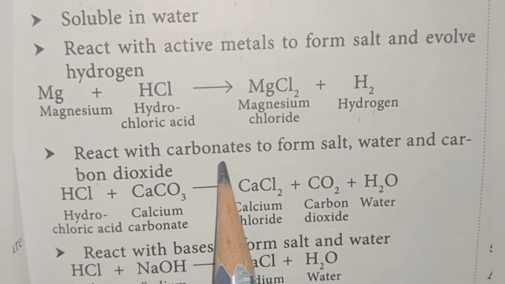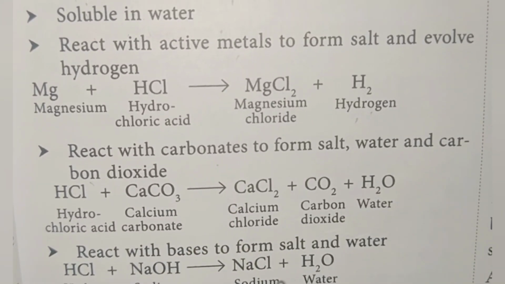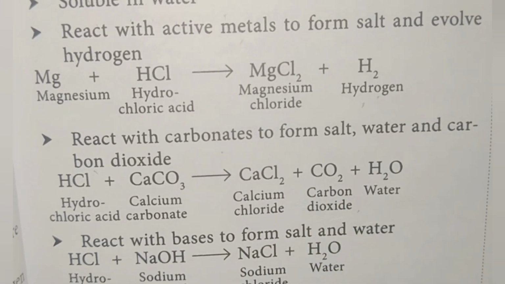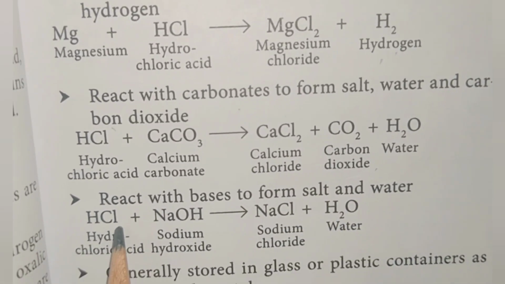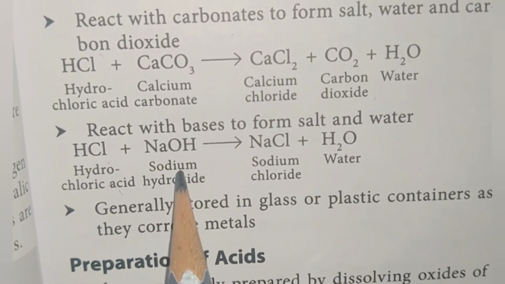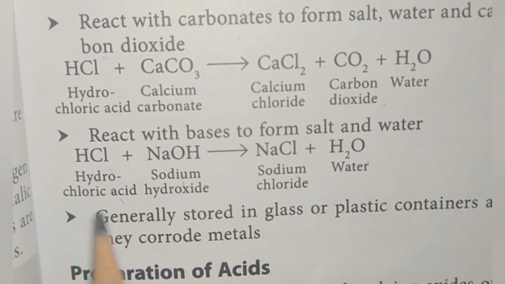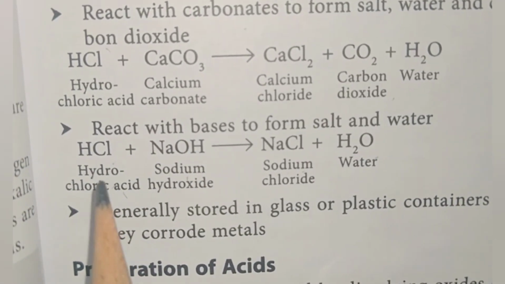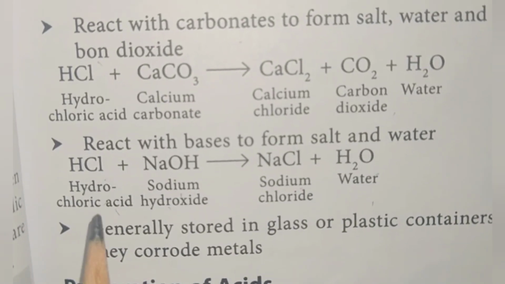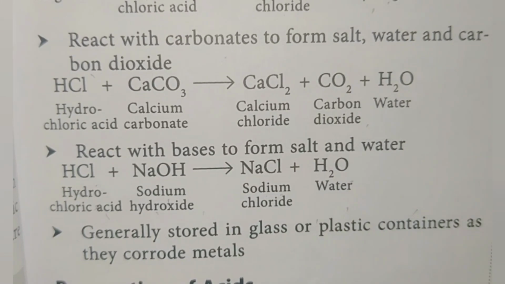When carbonates are involved in any reaction, remember one point, always carbon dioxide will be evolved. When hydrochloric acid or any acid reacts with a base, they form salt and water, and we call this reaction a neutralization reaction. It is also an example of a double displacement reaction. Sometimes it's a precipitation reaction and it is an exothermic reaction.